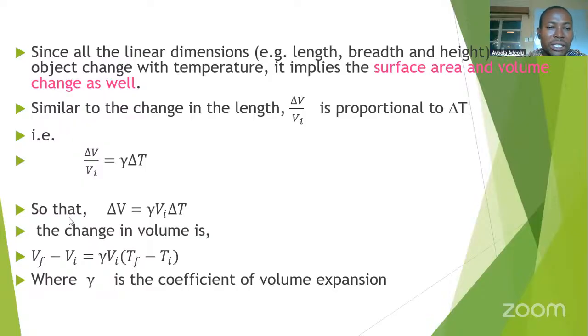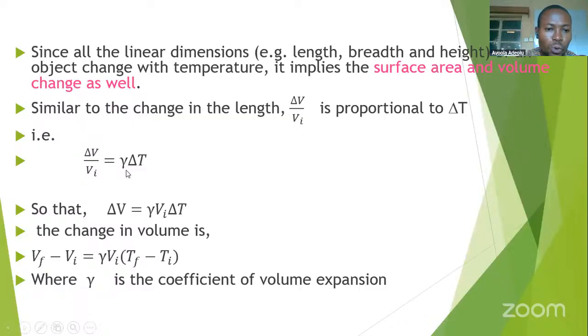Similarly, as we've done in length, we say that delta V over Vi is proportional to delta T, so that I can write delta V over Vi, where delta V is the change in volume and Vi is the original volume, equals gamma delta T. This is just an application of variation that we did in mathematics.